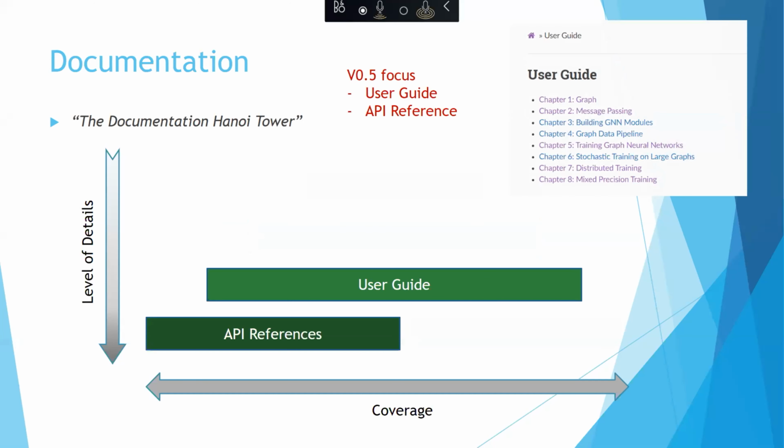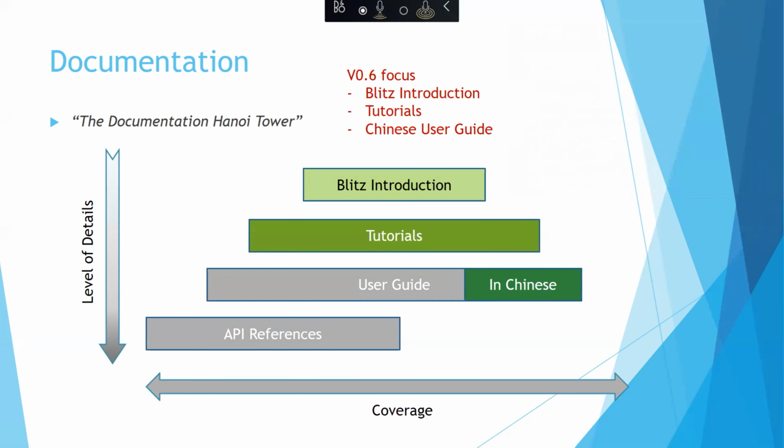And in the last release 0.5, our focus is on the user guide, and we also reworked the whole API references. That is done, and in this release 0.6, we shift our focus from the lower level to the upper level. We release a set of tutorials called Blitz Introduction to DGL, which a user can finish in 2 hours.